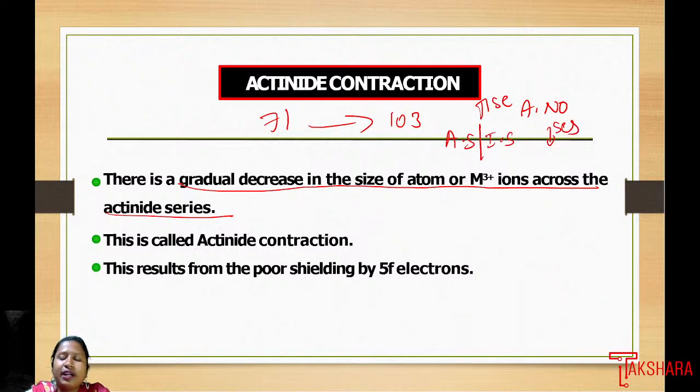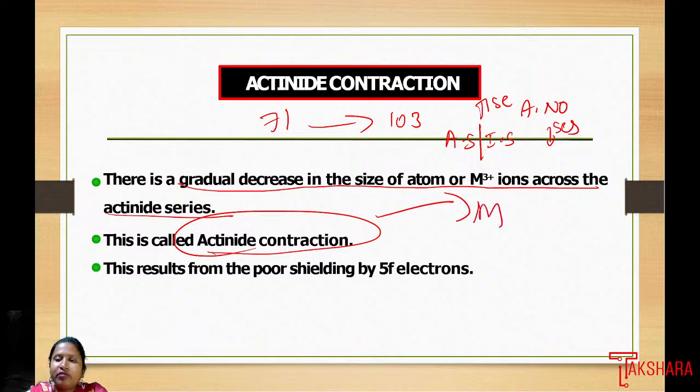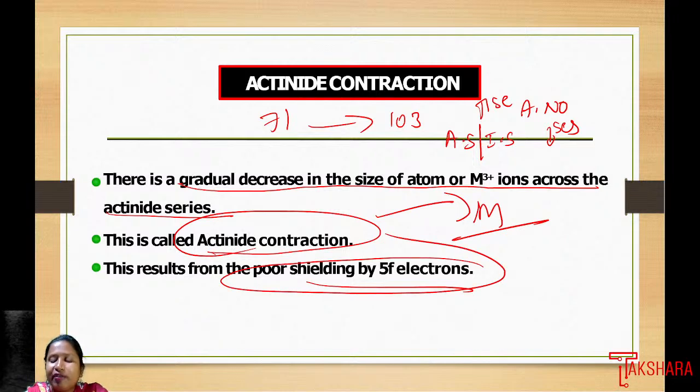Gradually the size of the atom is going to decrease. This is called actinide contraction. This is also very important for the 1 mark. Then this results from the poor shielding by the 5f electrons. Why does actinide contraction occur? Because of the poor shielding effect of the 5f electrons, actinide contraction occurs.